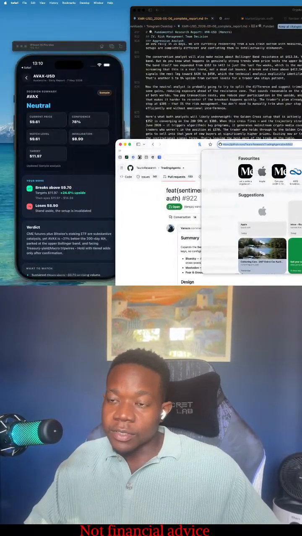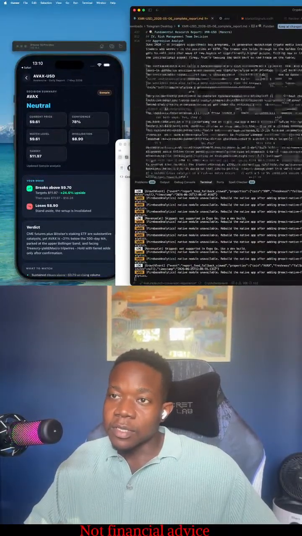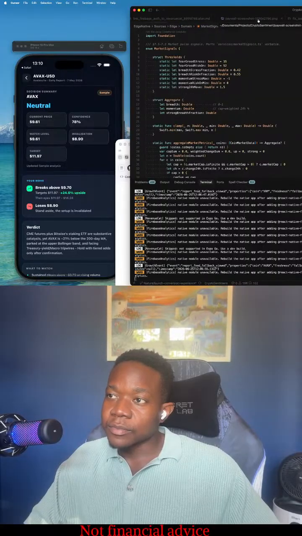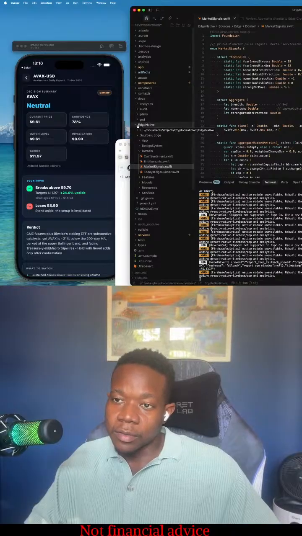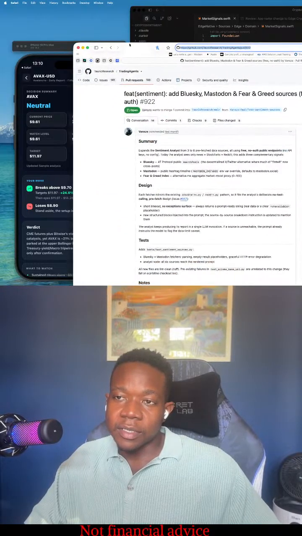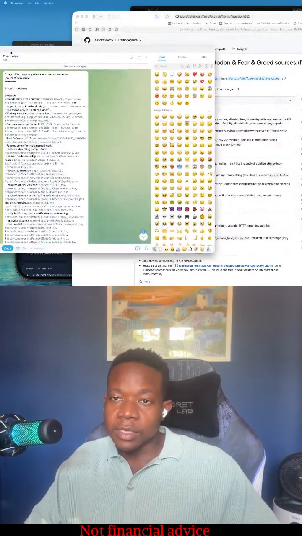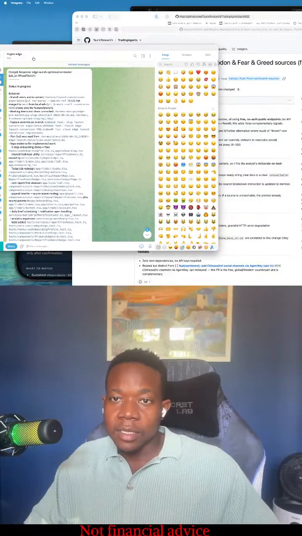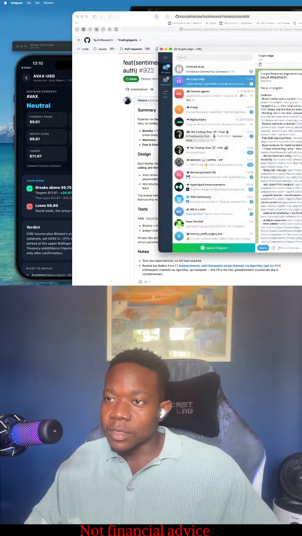So for anyone interested, how I'm actually writing the code for this is mostly using Cursor, or specifically just using my Hermes agent to do some development for me.